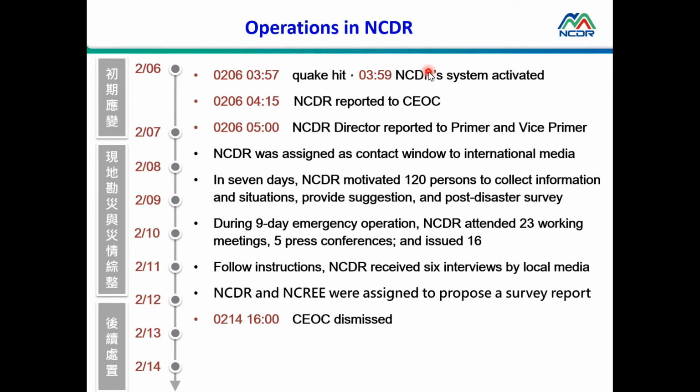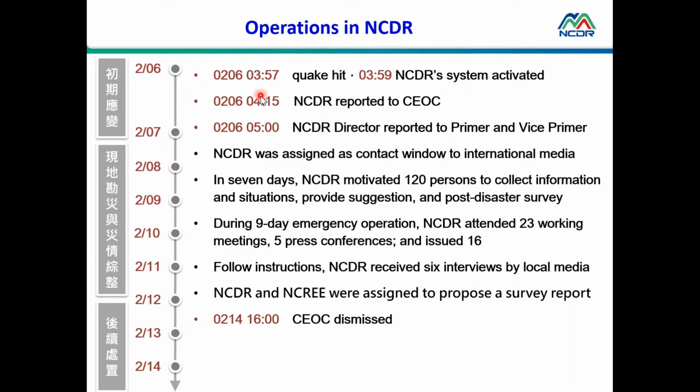But in my office, how did we respond to this? In my office, we had a system to estimate impact or conduct scenario-based information for drills. After the earthquake hit, 2 minutes later, we received some parameters from the Central Weather Bureau, and we automatically produced some information.